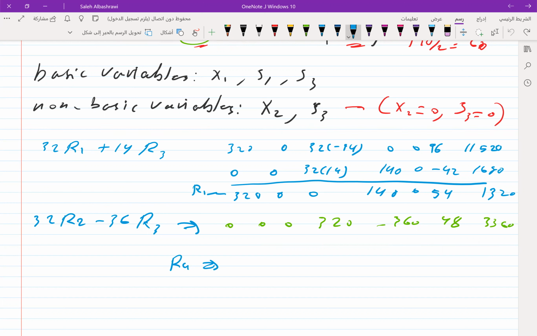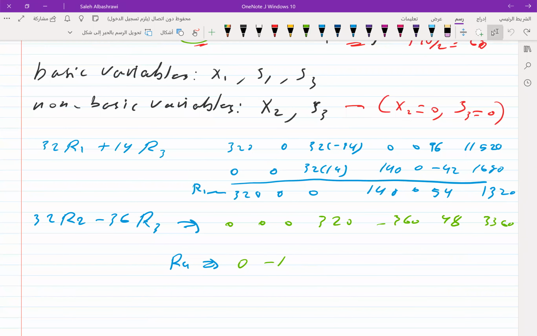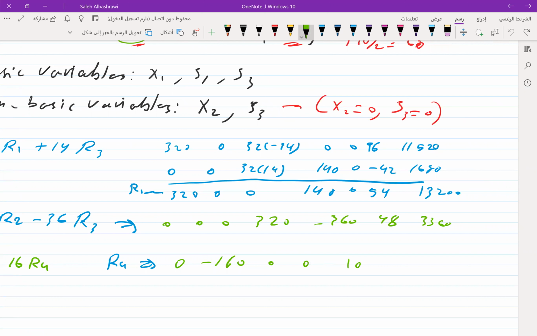Doing the operation, R4 will be R3 minus 16 R4. This will be minus 160, 0, 0, 10, and minus 20, and minus 1,800.